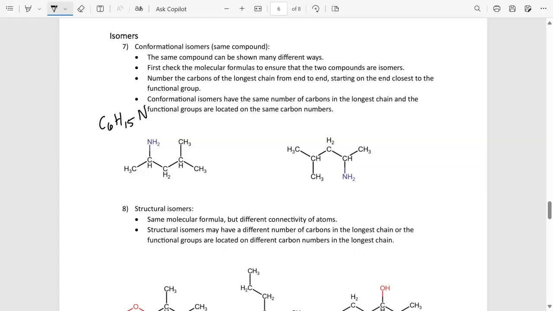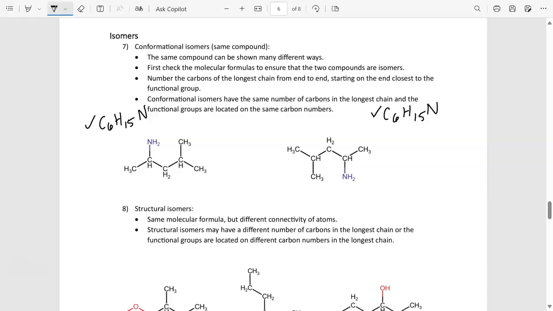Then if you count on the second structure, we also have 6 carbons, 15 hydrogens, and 1 nitrogen. Okay, so as long as those molecular formulas are the same, then we know we have an isomer.